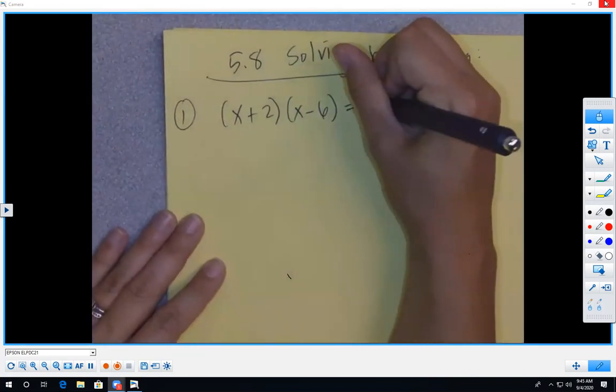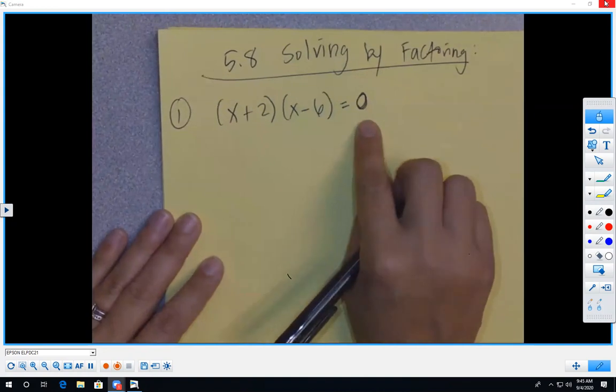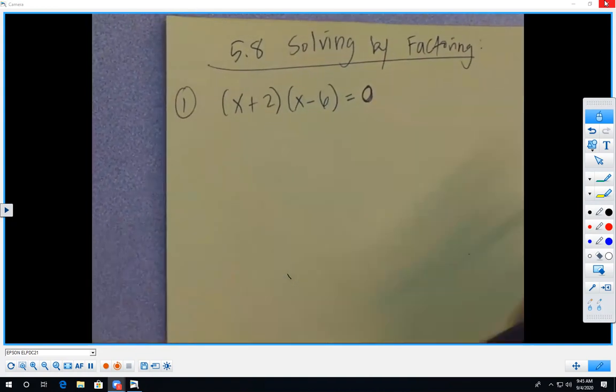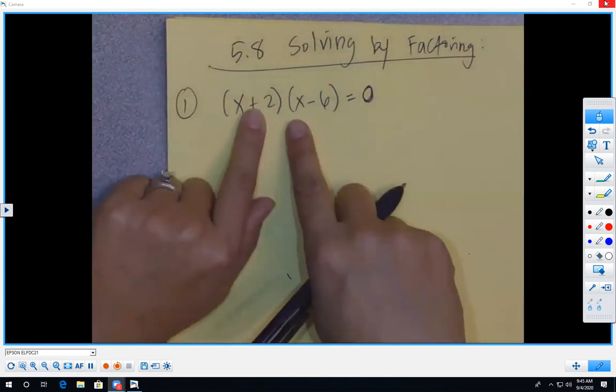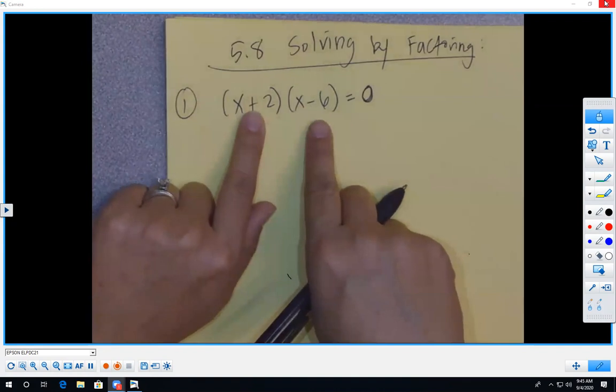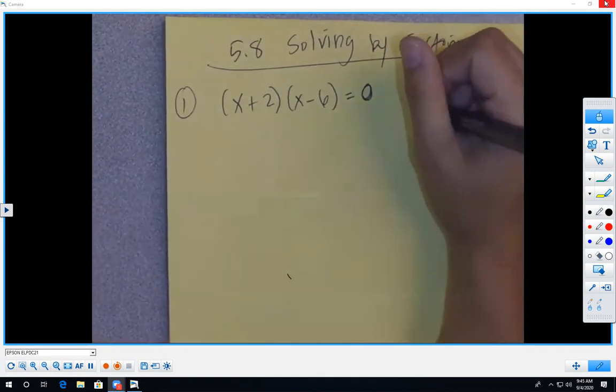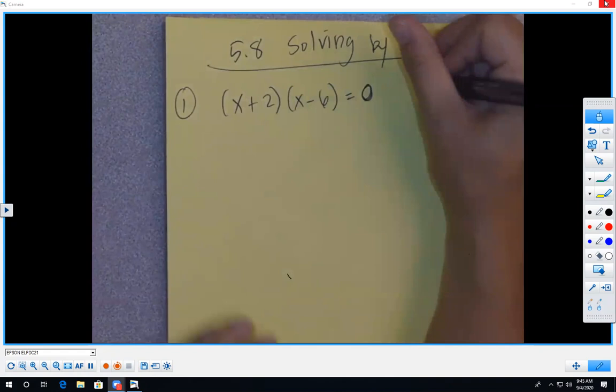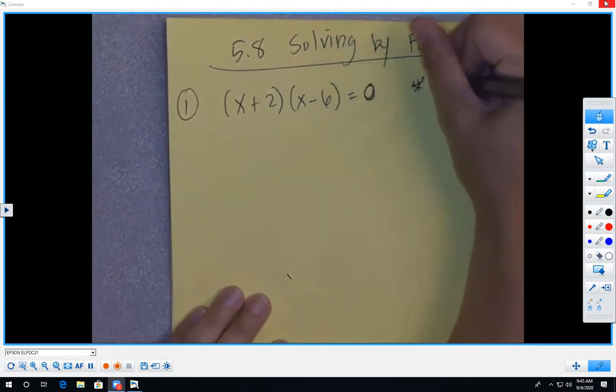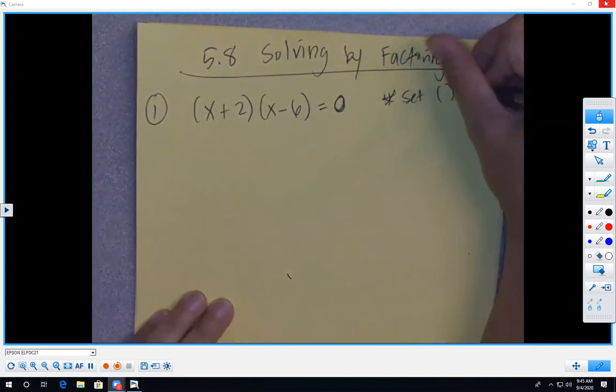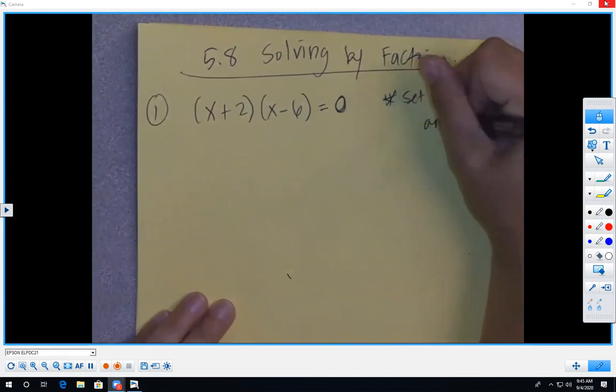All of these problems, if we're solving, they have an equal sign. So this equals 0. The way that we solve this to figure out what x is, you set both of your parentheses equal to 0 and solve them, okay? So we want to set both sets of parentheses equal to 0 and solve.